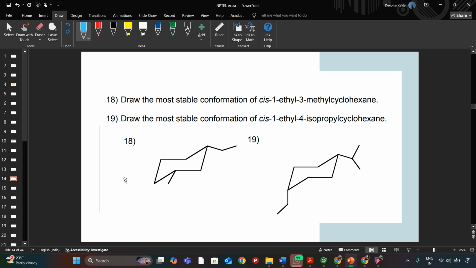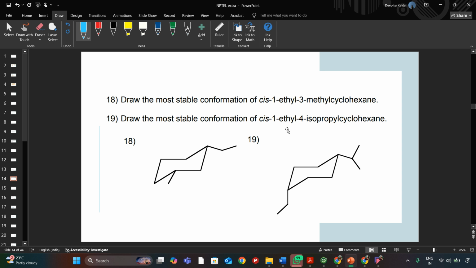And similarly for the second one, draw the most stable conformation of cis 1-ethyl-4-isopropyl. So both the substituents are in 1,4 relative positions. And out of ethyl and isopropyl, isopropyl is more sterically hindered, so we will preferentially place it in the equatorial position.